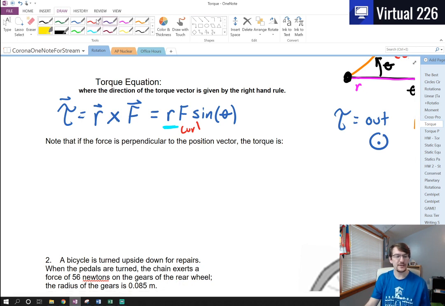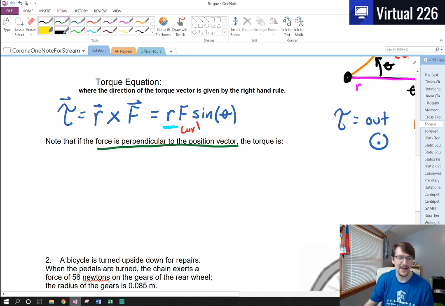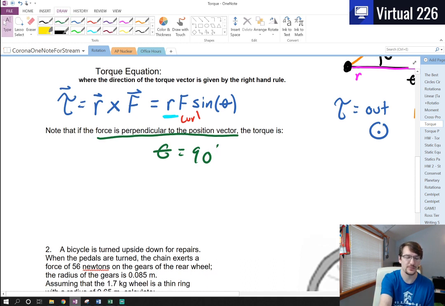So one of the things that we're going to discover in class is most of the time we are going to have our force be perpendicular to the position vector. That's just how you open doors traditionally. And when that's the case, our angle here is going to be 90 degrees. It doesn't have to be this case, but it makes a lot of problems easier.